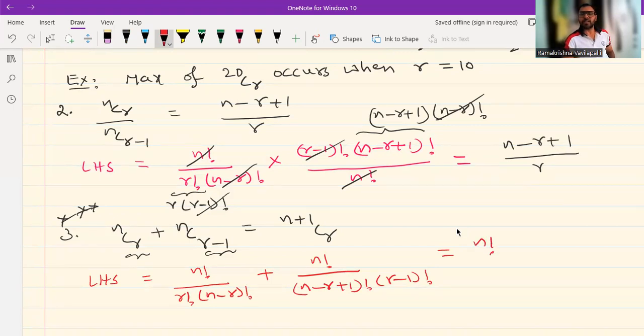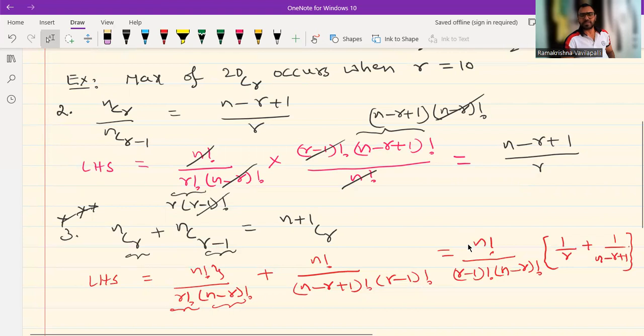So we take n! common in numerator, and this r! can be written as r into (r-1)!. So you take (r-1)! and (n-r)! common. Now which terms are left? Here we have taken n!, (r-1)!, (n-r)! common. Here 1/r is left, plus here 1/(n-r+1).